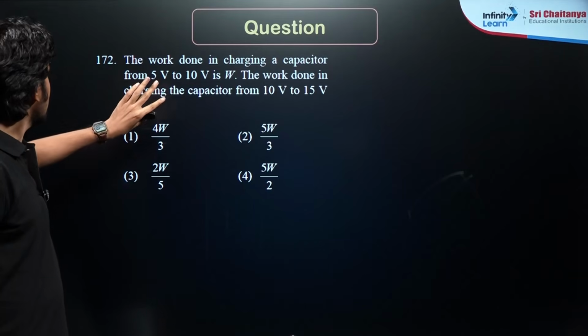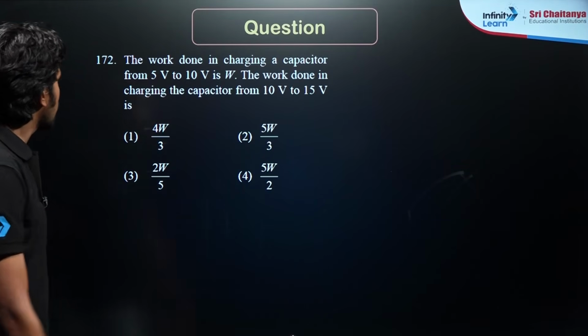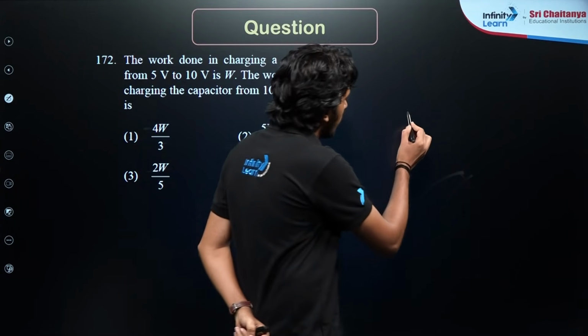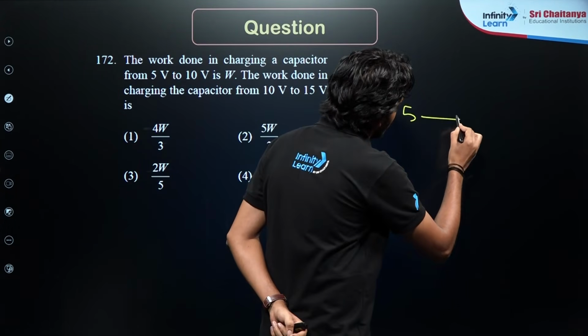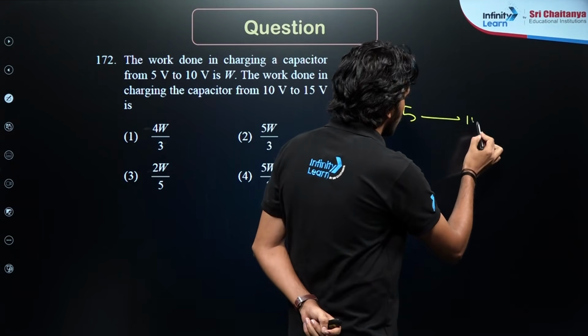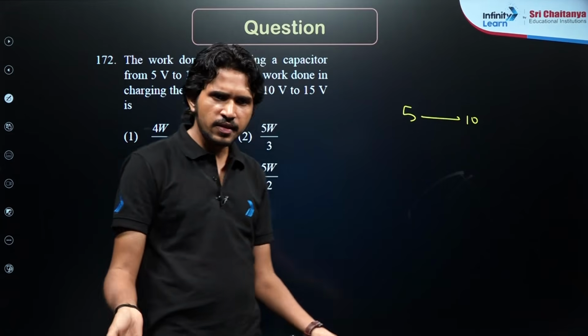Okay. Then we have the next problem. The work done in charging a capacitor from 5 voltage to 10 voltage is W. The work done in charging the capacitor from 10 voltage to 15 voltage. Okay, 5 to 10 voltage. So change of internal energy is work.